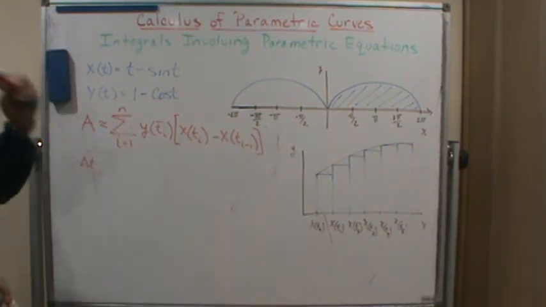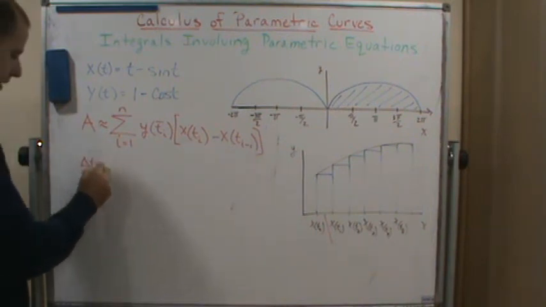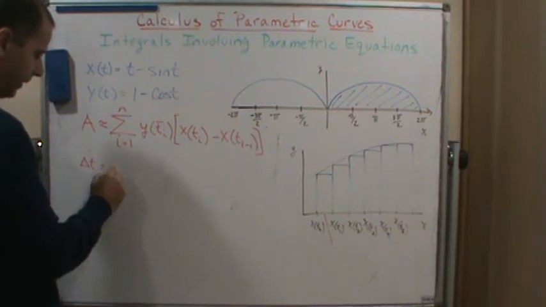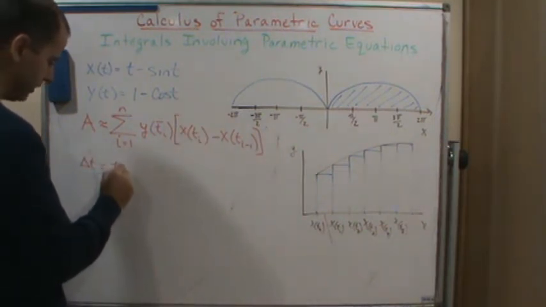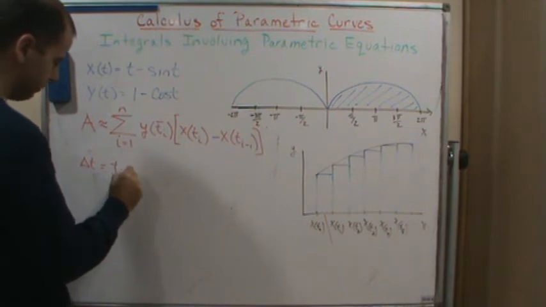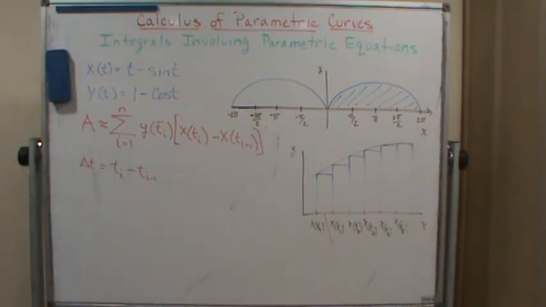Because these are parametric equations in terms of t, I need to get a delta t in here. Remember, delta t, because these are regular subintervals of t, is just going to be t sub i minus t sub i minus 1.